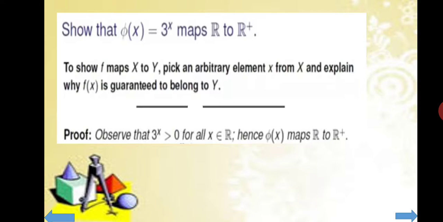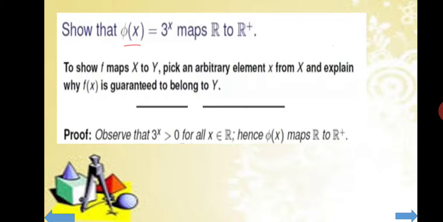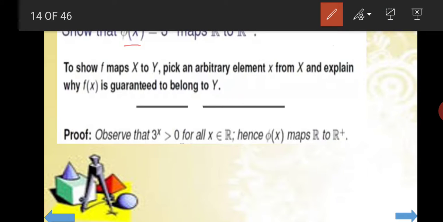So to show that phi of x is equal to 3 to the x maps a real number to a positive real number, we're going to show f maps X to Y: pick an arbitrary element x from X, and explain why f of x is guaranteed to belong to Y. So here is the proof.